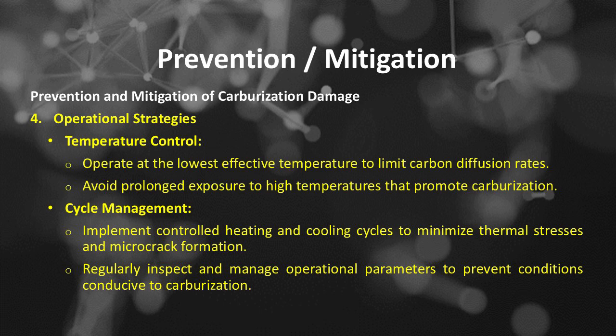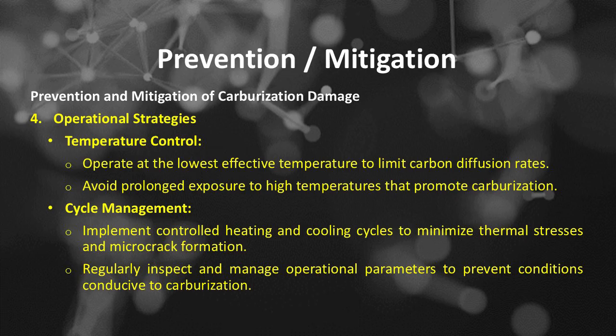Number 4 of prevention and mitigation of carburization damage is operational strategies. This includes, the first is temperature control. Operate at the lowest effective temperature to limit carbon diffusion rates. Avoid prolonged exposure to high temperatures that promote carburization. The second of operational strategies is cycle management. Implement controlled heating and cooling cycles to minimize thermal stresses and microcrack formation.